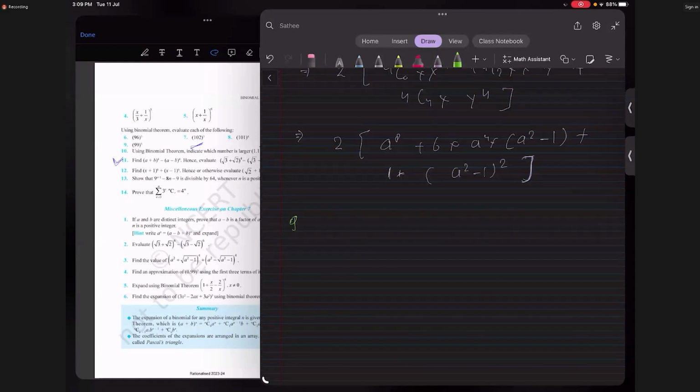Okay. For question number 4, you have to find the value of 0.99 to the power of 5. Like the above part, you can consider it as 1 minus 0.01 to the power 5.